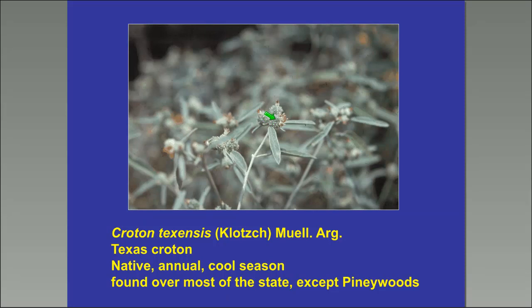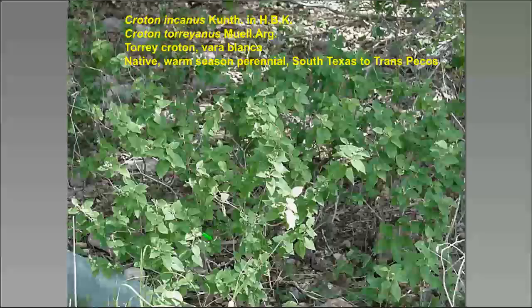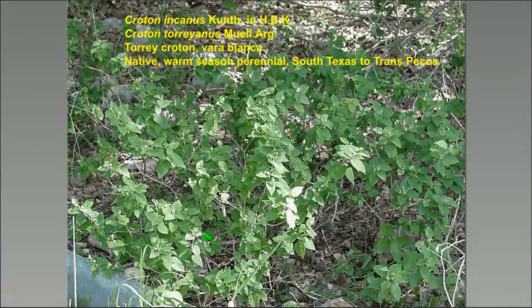That's pretty common for Texas croton. And again, it's a native and an annual, and most of the time labeled as a warm season plant. The only place that we really haven't found this species is in the piney woods. But in your book, you might have to look up Croton lindheimeri variety texensis or texana, but it's another one of the 21 crotons.